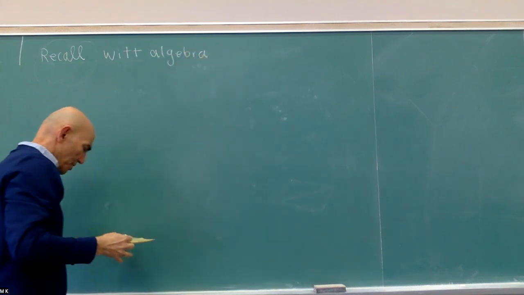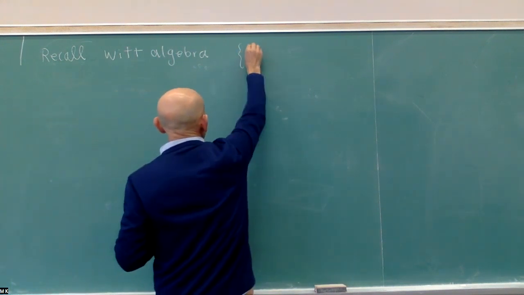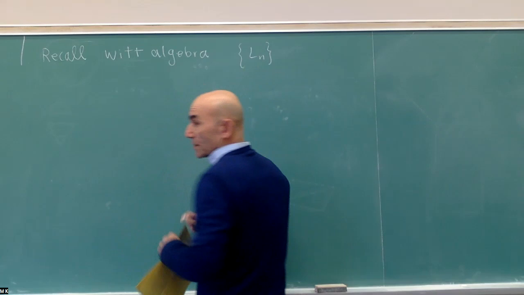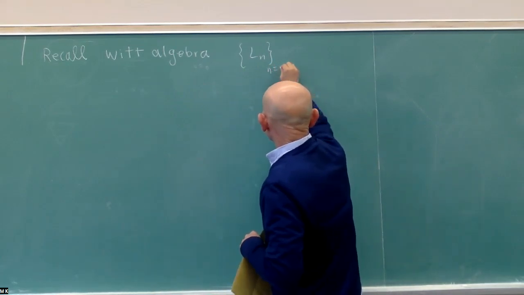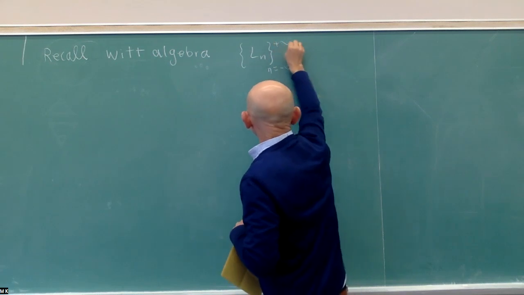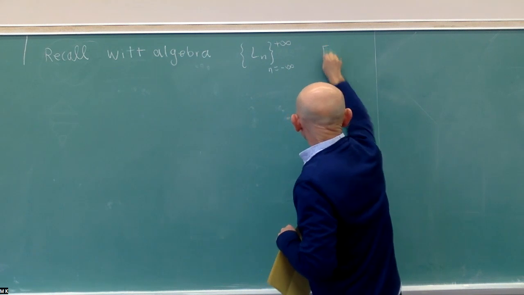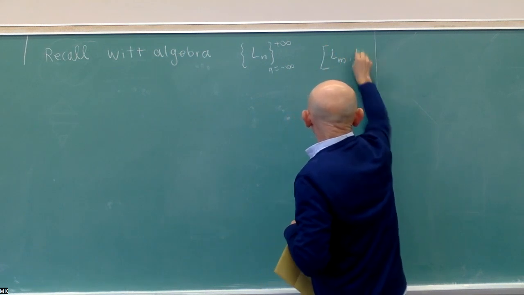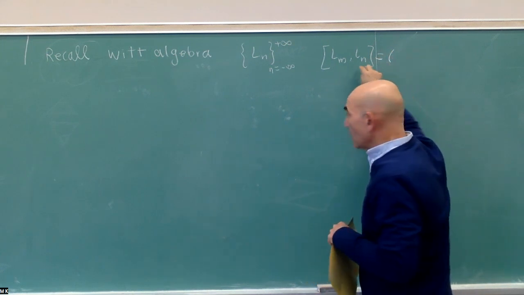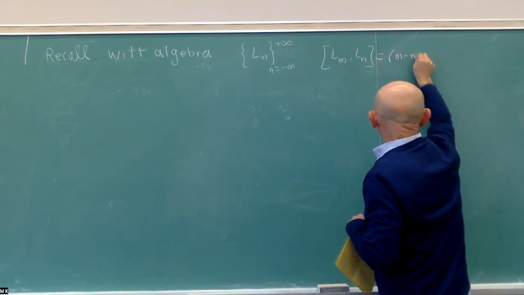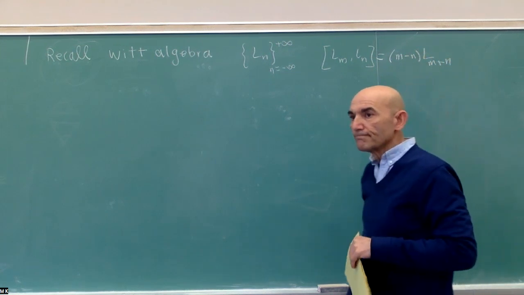I don't know what notation I used, but basically it had generators. We denoted them by Ln, where n goes from minus infinity to plus infinity over the integers, and they satisfy the relation: the bracket of Ln and Lm is equal to (n minus m) L_{n plus m}.